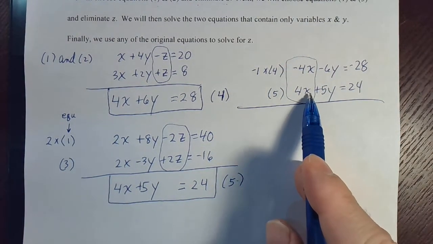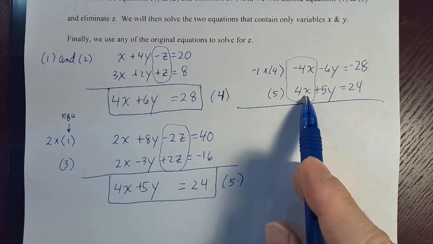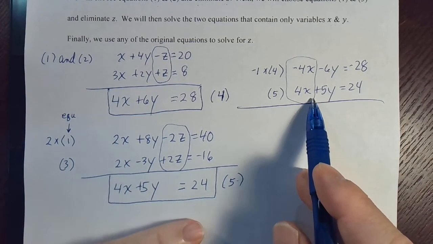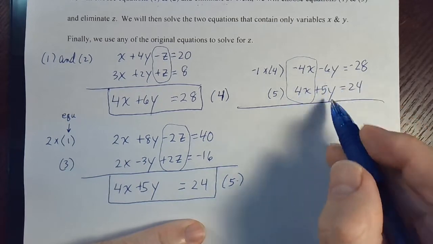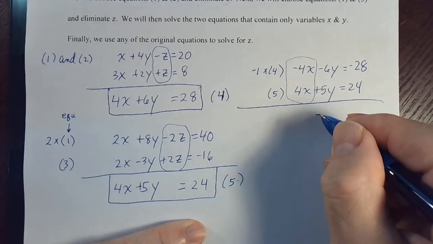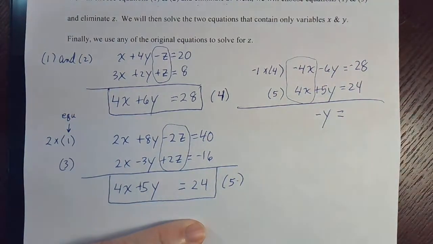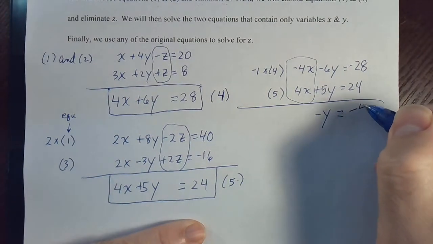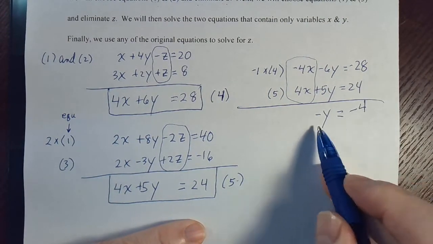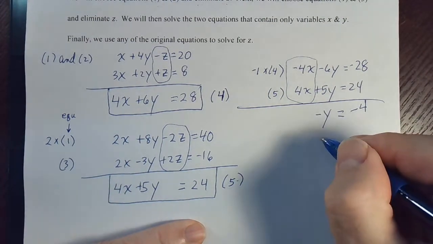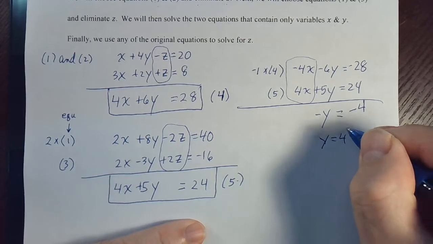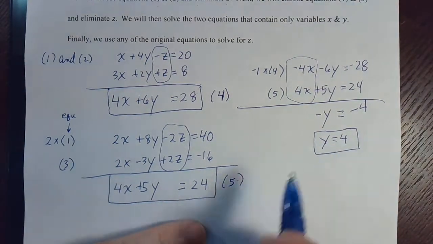And that will eliminate the x's when I add them together. So I will get negative 6y plus 5y, negative y equals negative 4. So multiplying both sides by negative 1 gives us y equals 4. All right, that's part of our answer.